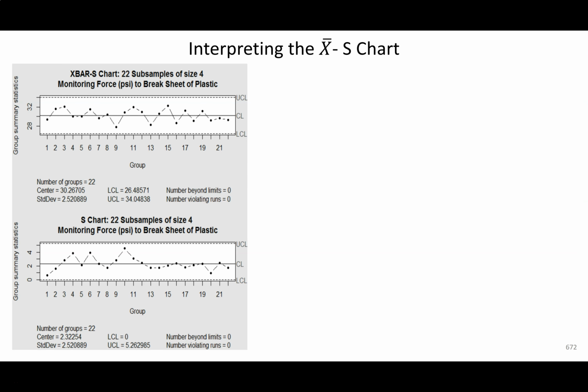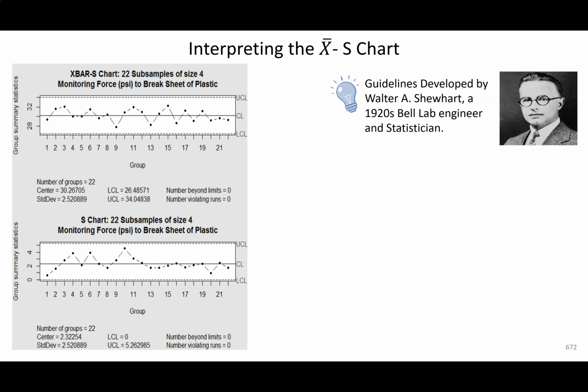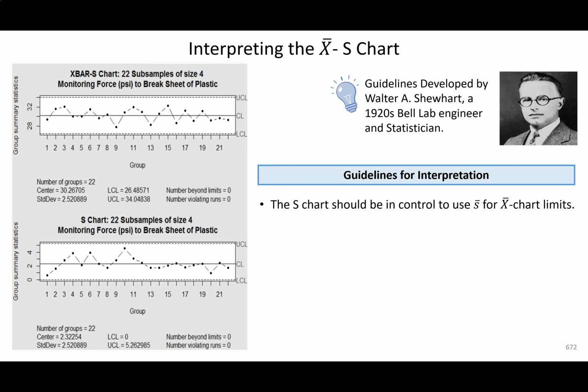So interpreting the X bar S chart, so these are two charts put together. They're not necessarily the same chart per se, but having them next to each other. So these guidelines were developed by Walter A. Shewhart. He worked at Bell Lab as an engineer and statistician back in the 20s. And so some guidelines.